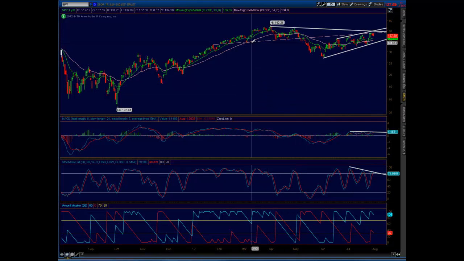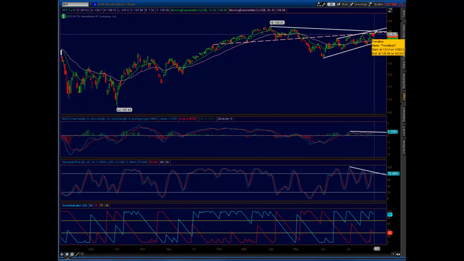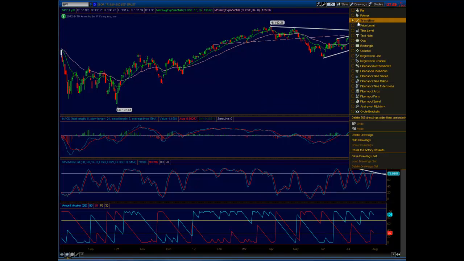But in the spiders of the SPY, you can see here the left shoulder, the head, the right shoulder that we broke down from. We came down to July all the way to this low, and then all we've done is pretty much come back up to do a back test of this broken down pattern.